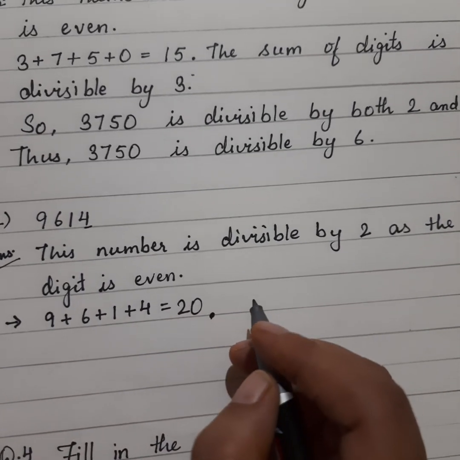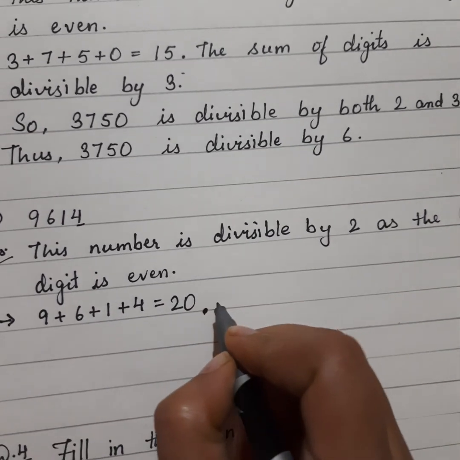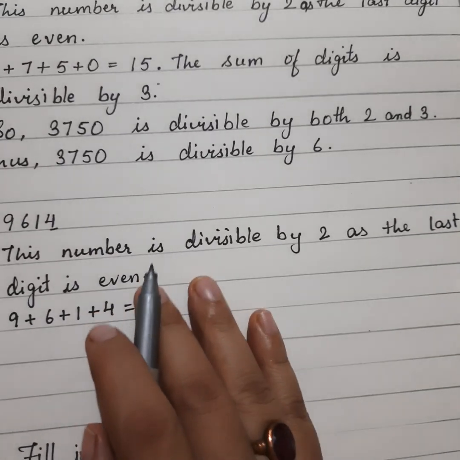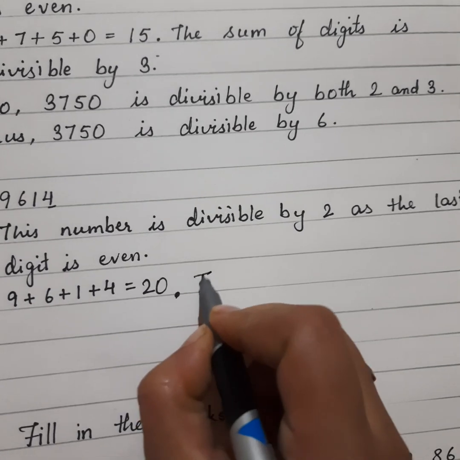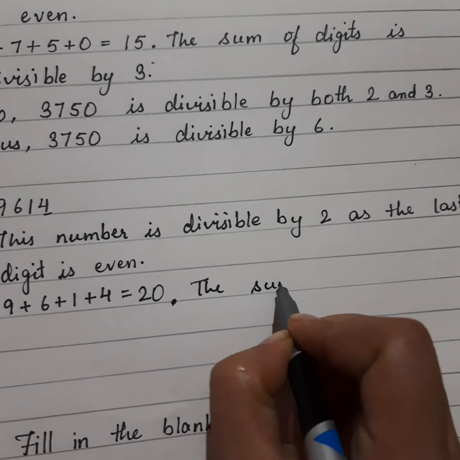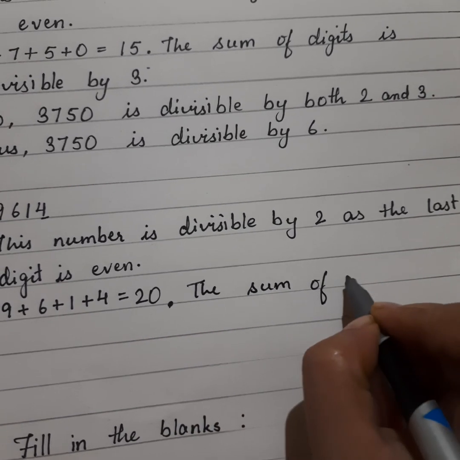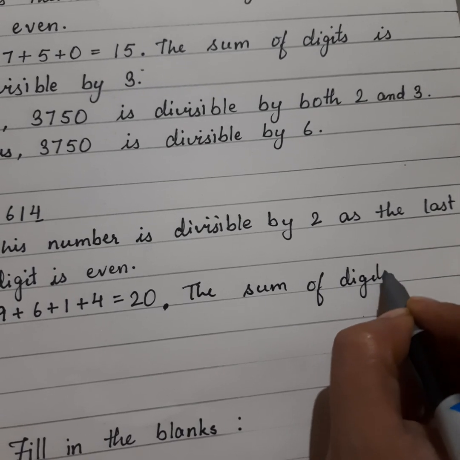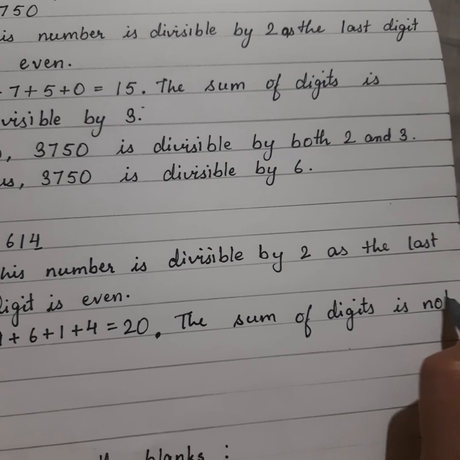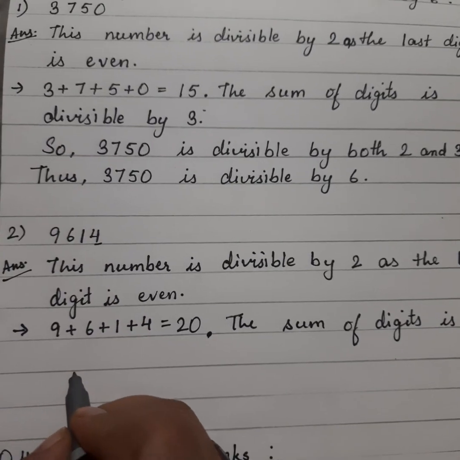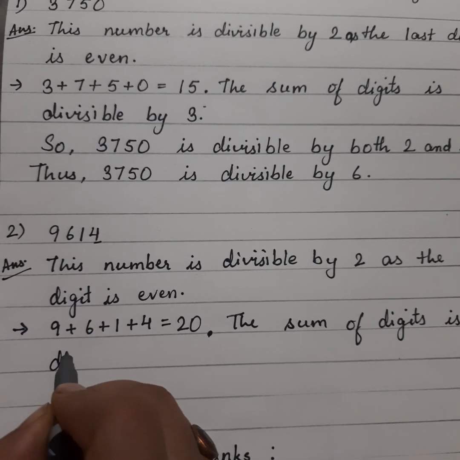So we'll write here the sum of digits is not divisible. You will write here not. It is not divisible by 3.